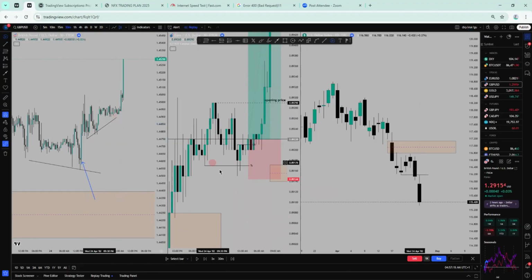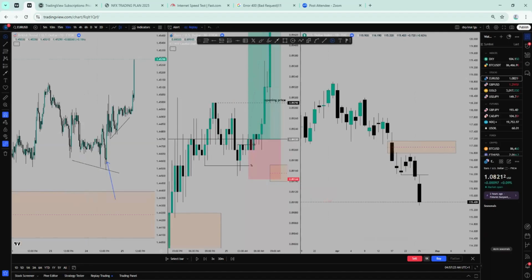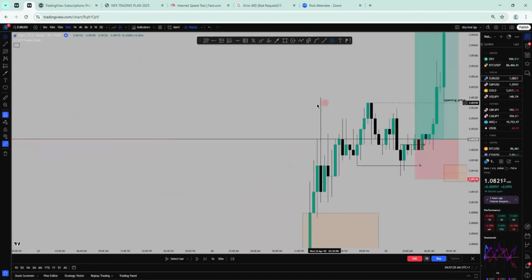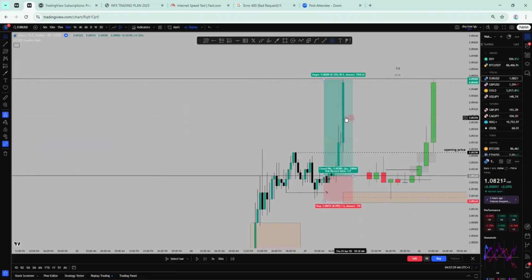That's our SMT. You can see that this guy took out that low, but we did not take out the low here again. Anyway, that's just it. I don't think we'll be looking too much into that. Maybe if not, it will be taking us so much time.